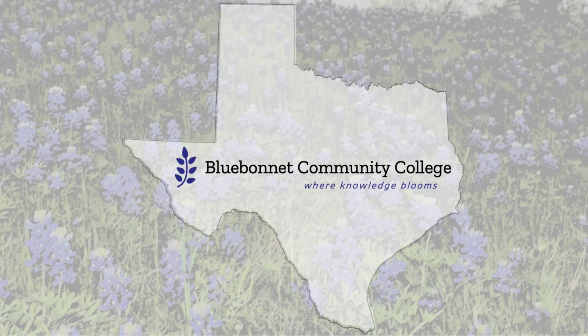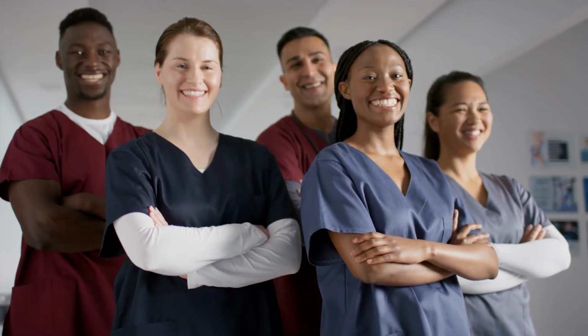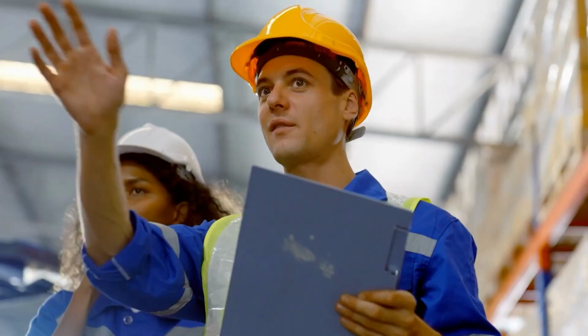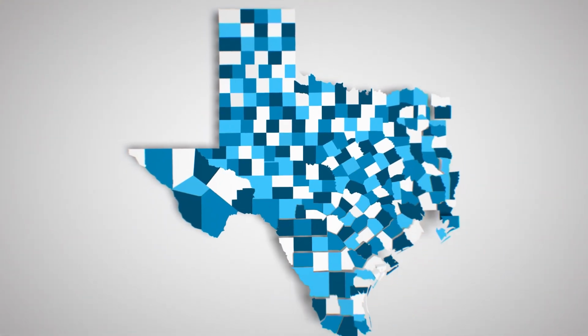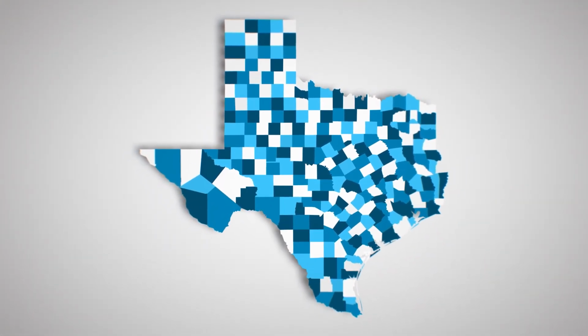It's time to introduce you to Bluebonnet Community College. With 8,000 students, Bluebonnet offers transfer pathways, career-focused programs, and workforce certificates. Like the board you serve on, Bluebonnet's trustees are navigating the transition to the state's new funding model.